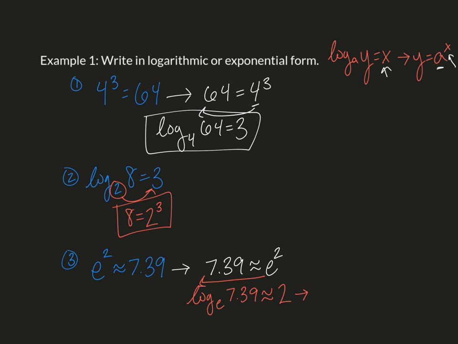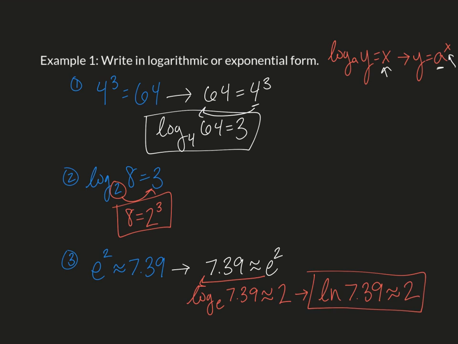Instead of writing log base e, because that one gets used a lot, you can simply write ln. That's assumed to be a log with base e, so a natural log of 7.39 is approximately equal to 2. That is the preferred answer for this one.